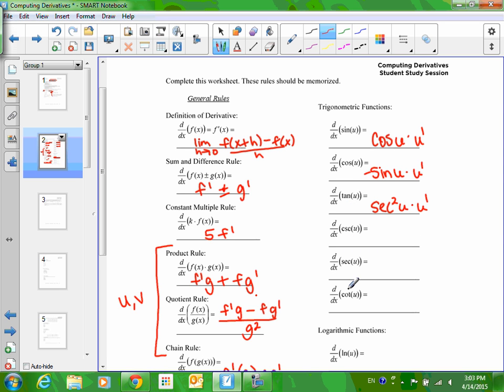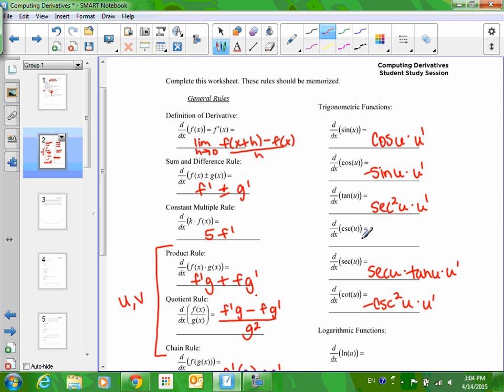This may not be the order you're used to, and that's totally fine. You might be used to doing cotangent next, which would be negative cosecant squared u times u prime. Remember, the co-functions are just negative. So I skipped down here. Secant u would be secant u tan u times u prime.